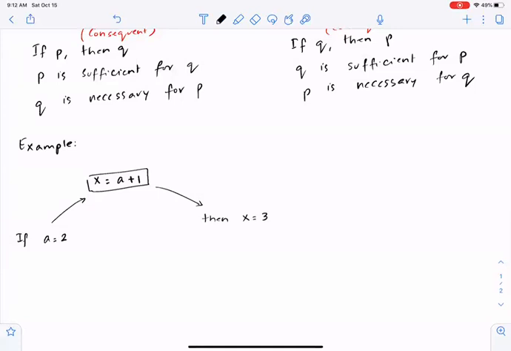So if someone says, I have this equation, x is equal to a plus 1, then naturally, if a is 2, then x has to be 3.